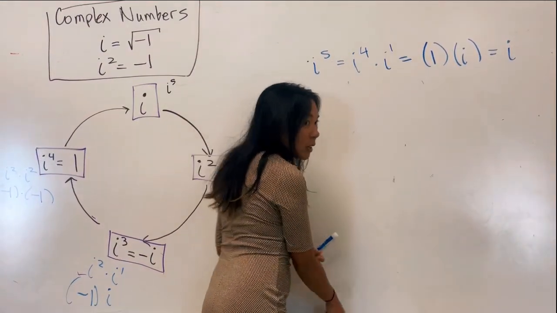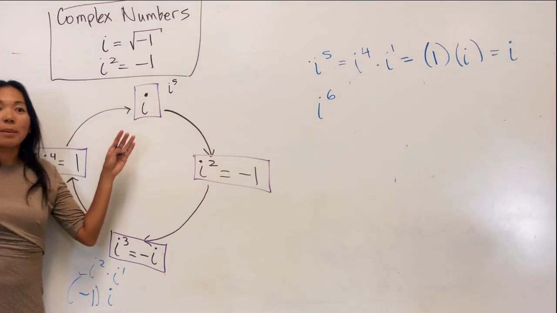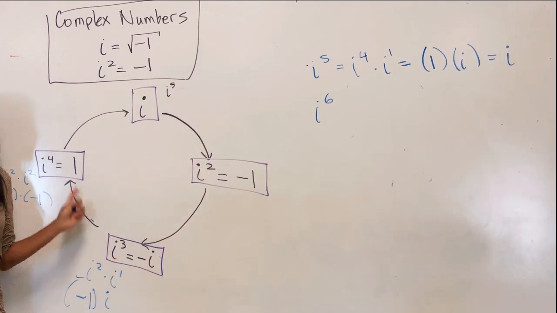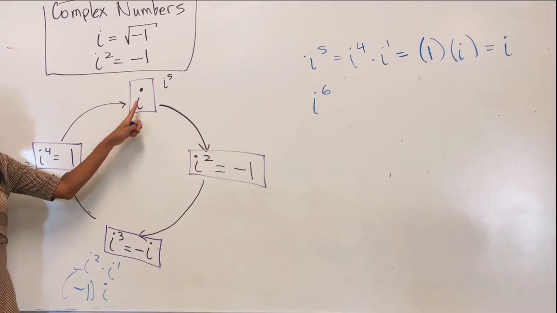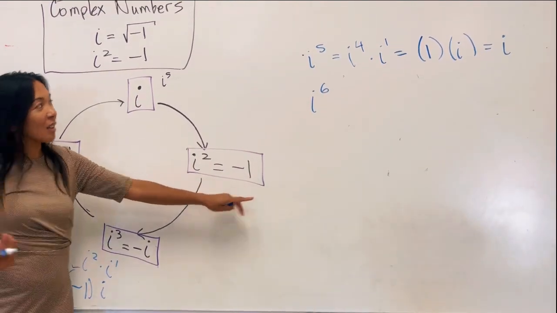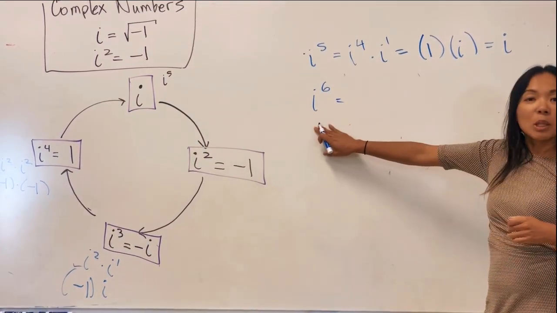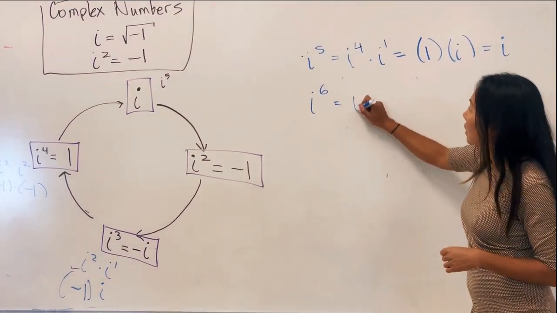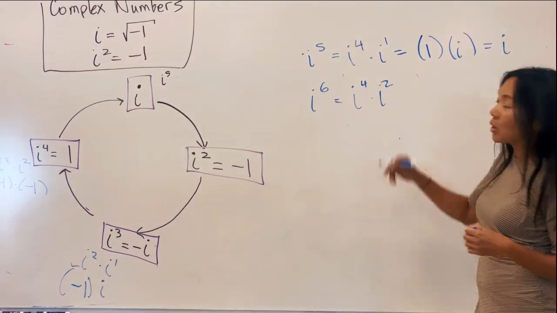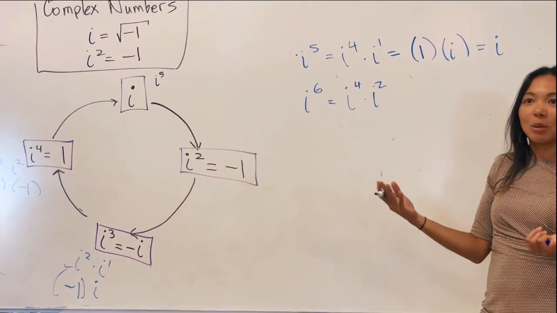Humor me for a little bit longer. i to the 6th, we're going to expect it. Because I already gave away the ending, that it repeats, what can we expect i to the 6th to be? Negative 1. Let's check. What are two values of i I can multiply to give me i to the 6th? i to the 4th and i squared, or i to the 5th and i to the 1st, or i cubed and i cubed. It doesn't matter which one.